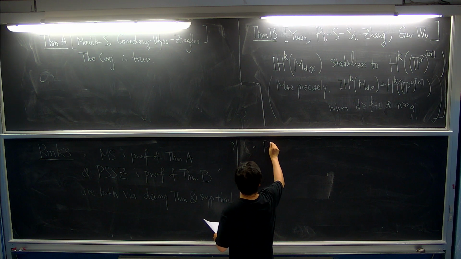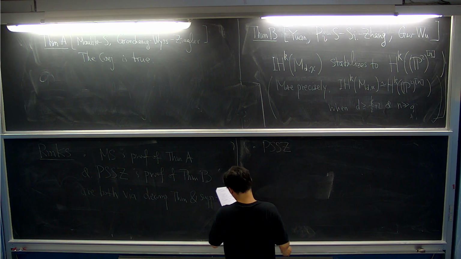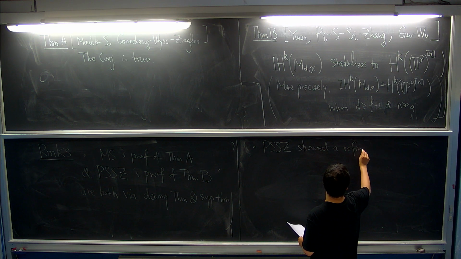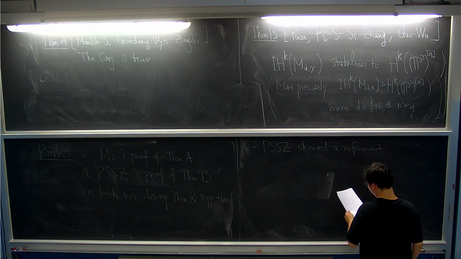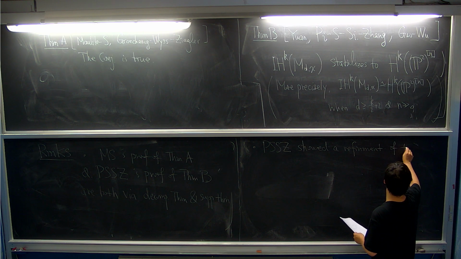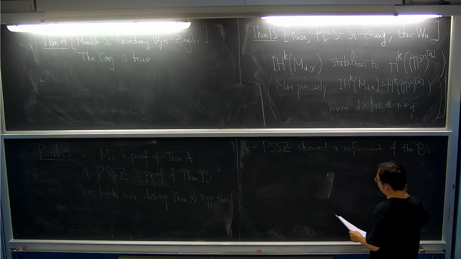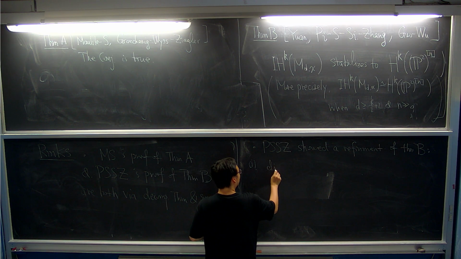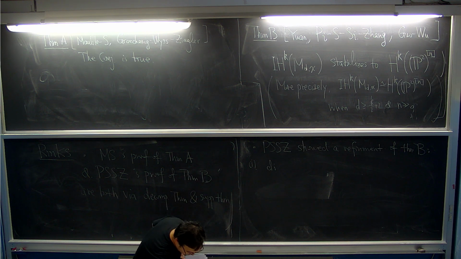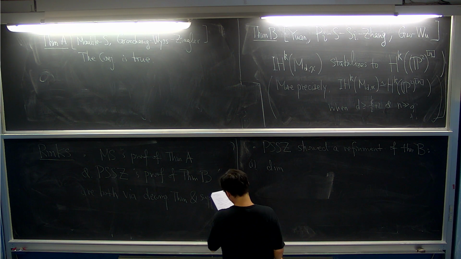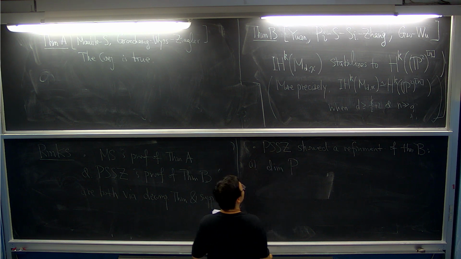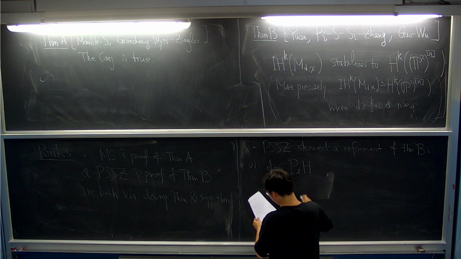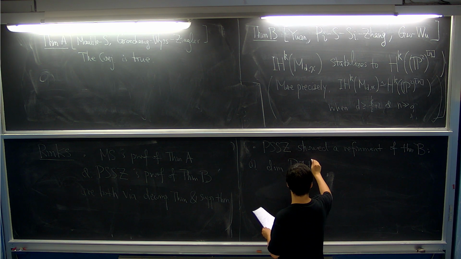In our proof, we actually showed a refinement of theorem B, which will be seen immediately from the argument itself. I'm not introducing the notation now because I only have one minute, but let me just say it. We show not only the stabilization for the cohomology, but actually for the cohomology with a natural filtration called the perverse filtration.